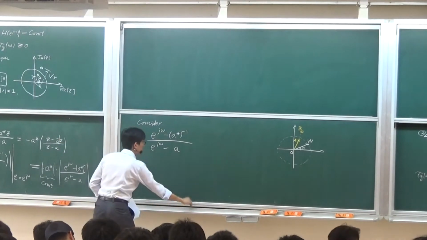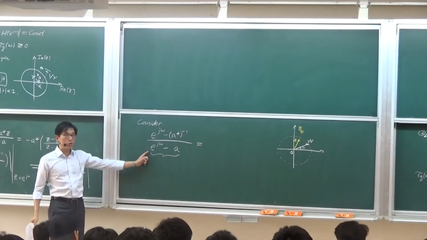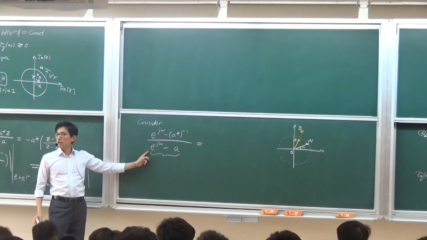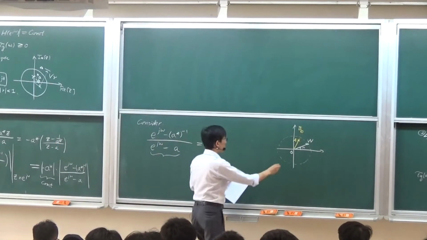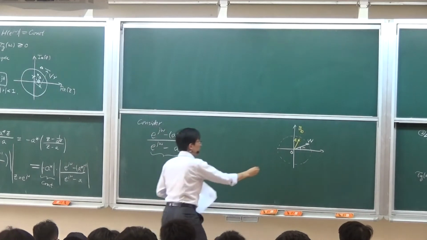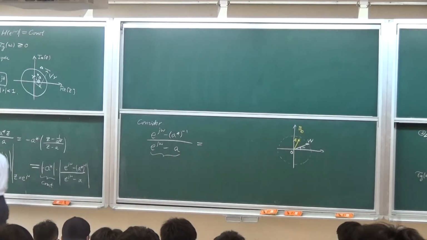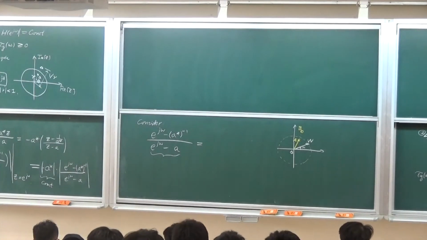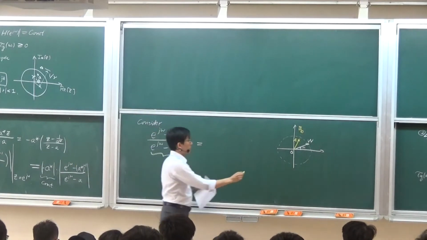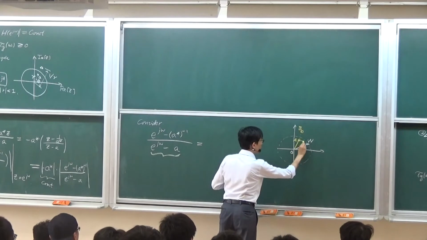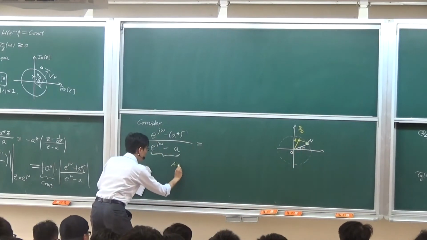So now I want you to consider the geometric interpretation of e to the j omega minus A, A being the pole. This is a vector. Let me use another color. E to the j omega minus A: its geometric interpretation is a vector pointing from A to W. This really is vector AW.